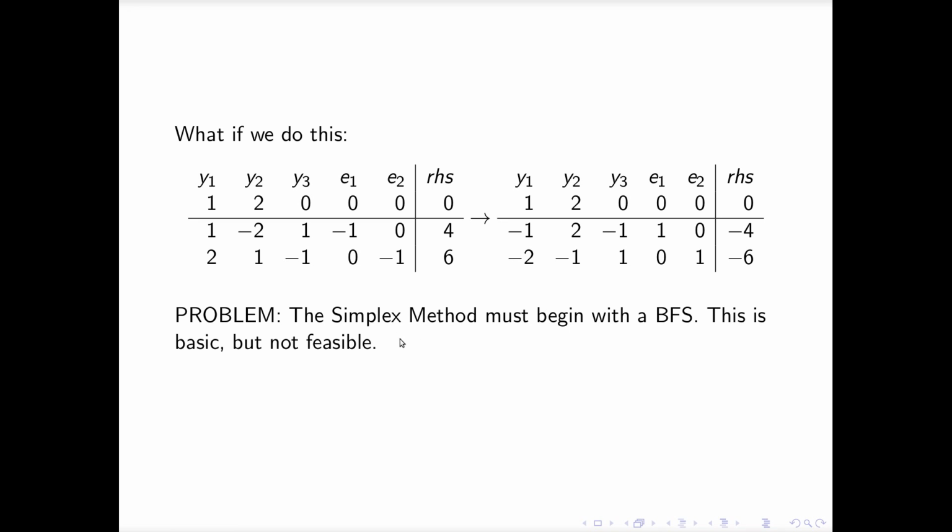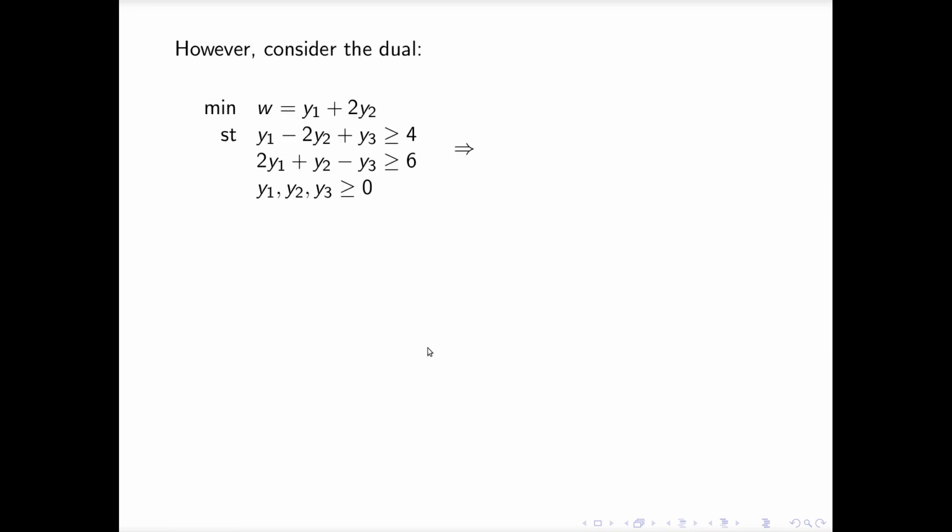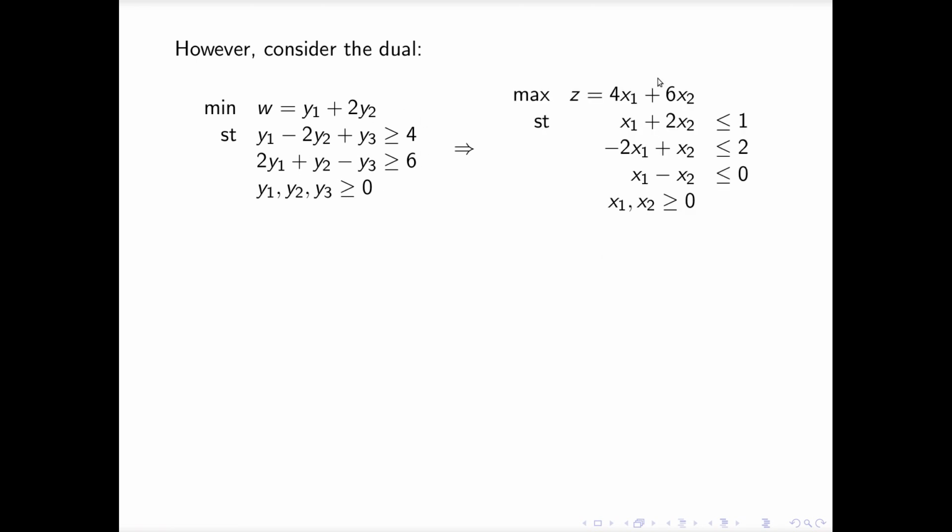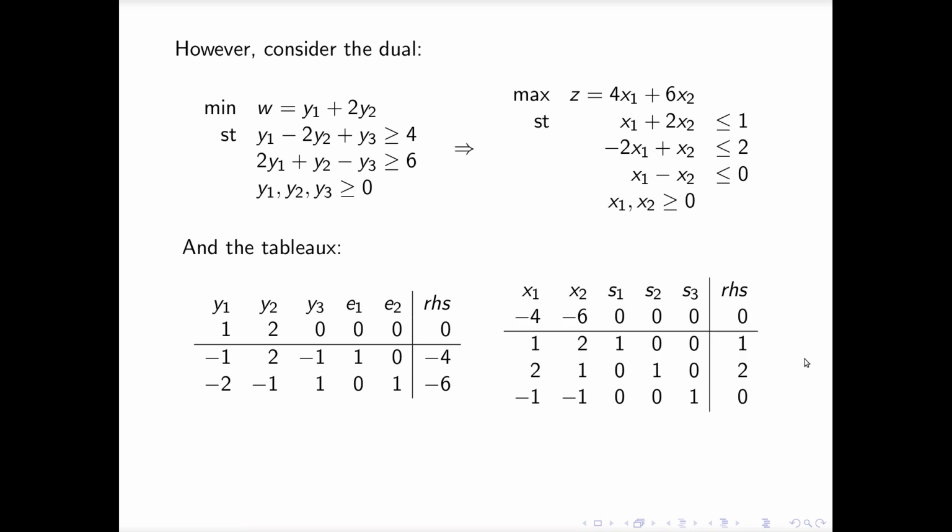And so instead of doing this directly, let's think about what the dual actually is for this problem. So if I go back to my original problem and I construct the dual, I get this problem. If I set up the tableau for the dual, it's going to look similar to the tableau for the primal. And let's compare the two.